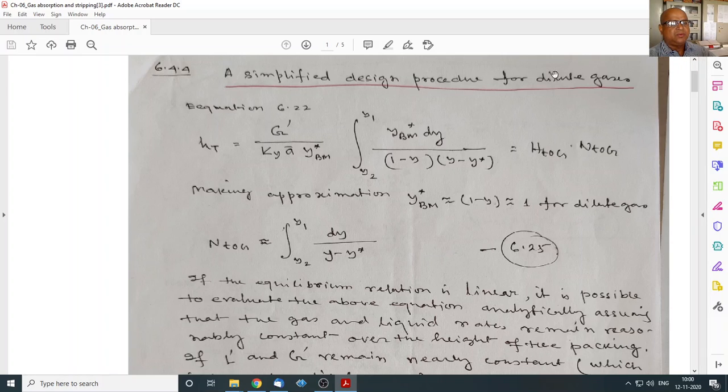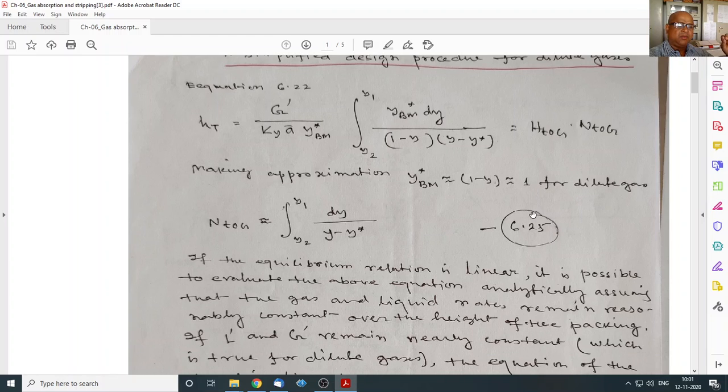Now for dilute gases, 1 minus y will be almost equal to 1. Let's take 1%. 1% means 0.01. 1 minus 0.01 means 0.99. So this is very close to 1. And ybm also will be equal to 1. So for the dilute cases, that assumption is true.